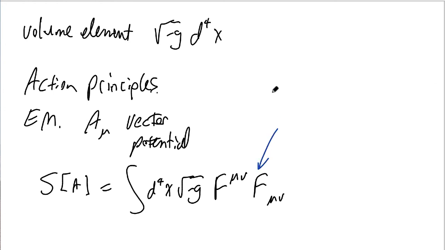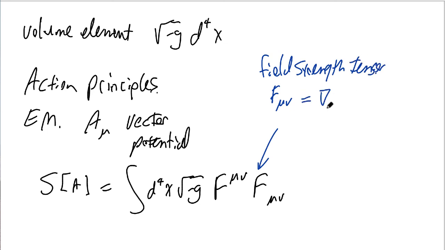So here, F_mu nu, the field strength tensor, is defined as the covariant derivative del_mu A_nu minus del_nu A_mu. And so by writing the field strength tensor in terms of the vector potential, two of Maxwell's equations are automatically satisfied, and the other two come from varying this action, or extremizing this action, with respect to A.